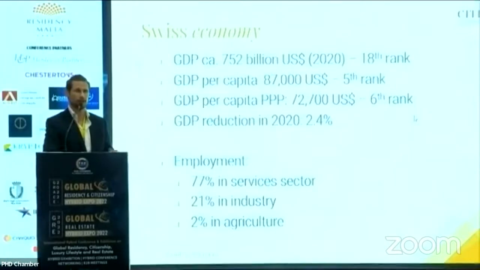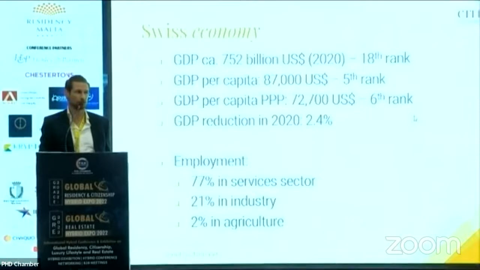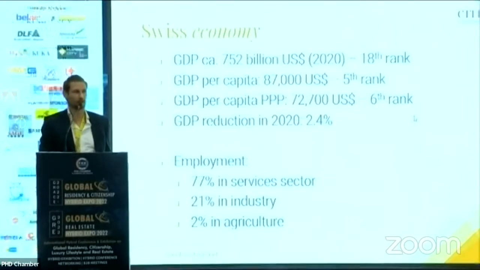That is, of course, mainly the financial industry and the insurance industry, and of course everything else that is service related. In the industry we have 20%, so there's a strong high-tech industry in Switzerland, and only 2% in the agricultural industry. The next, please.